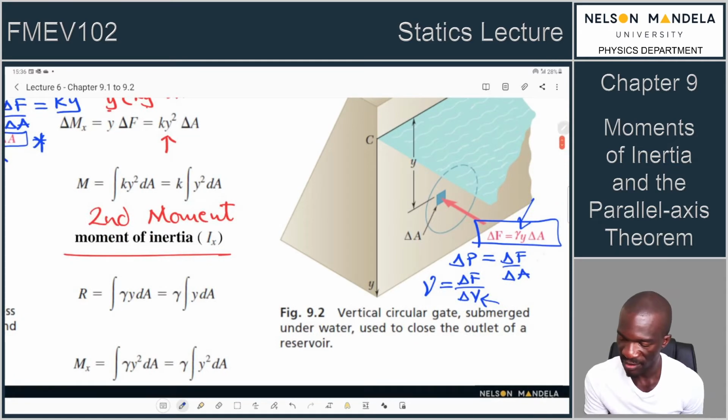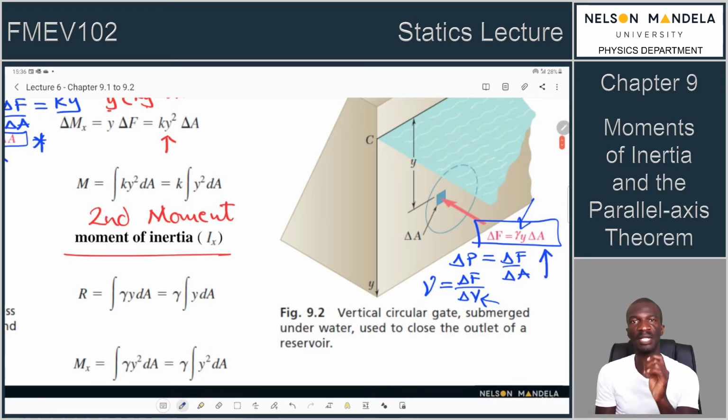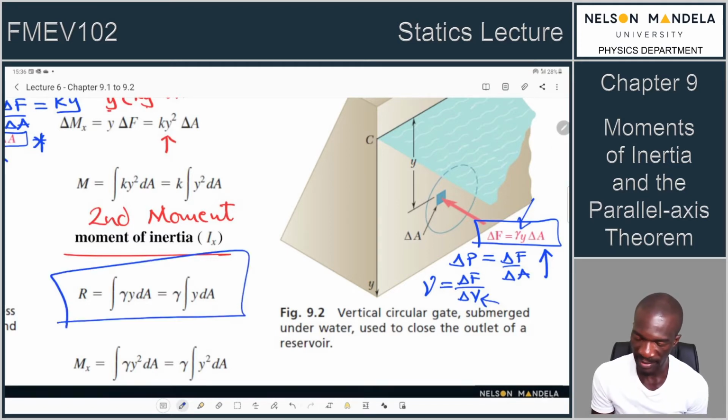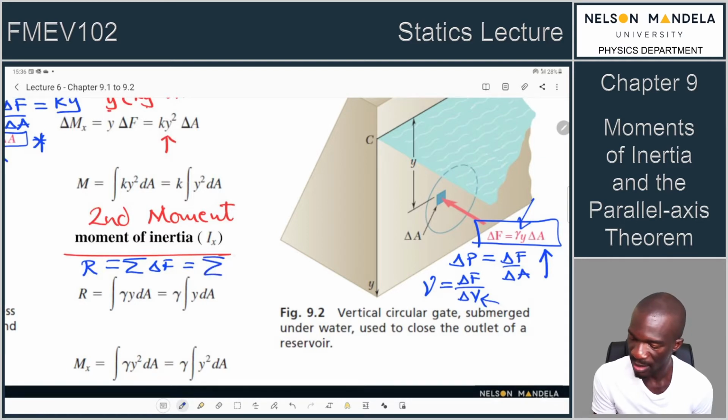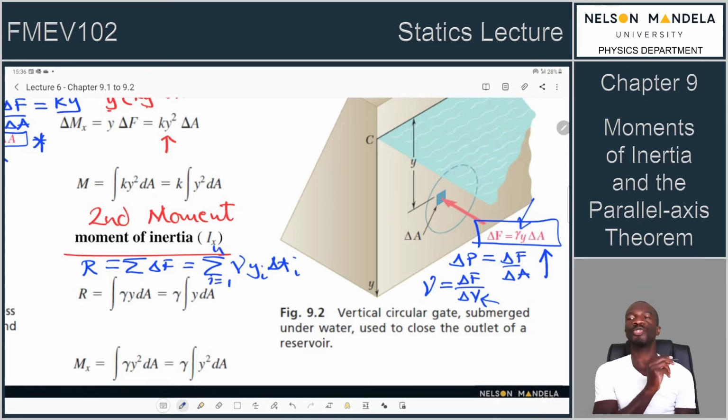So if we have these forces on a dam that are defined by delta F is equal to gamma y dA, if we find the resultant, we simply integrate. So what are we doing? We're finding the resultant, which is equal to a sum of our delta F's, and this is equal to the sum of what? Of gamma y_i delta A_i, with i equal to 1 up to whatever number of elements that you may choose.